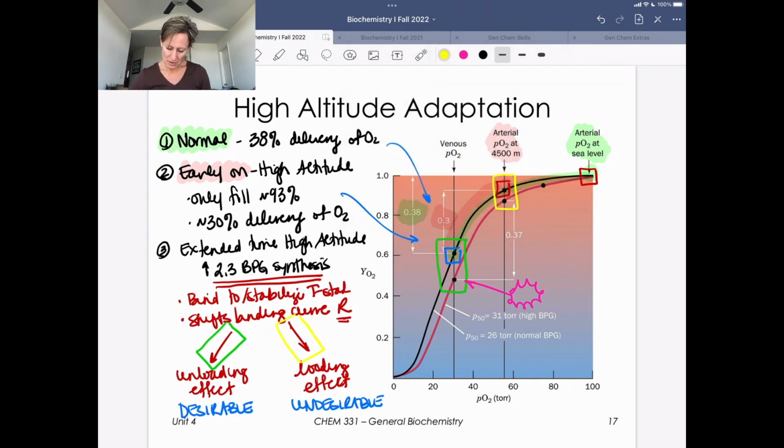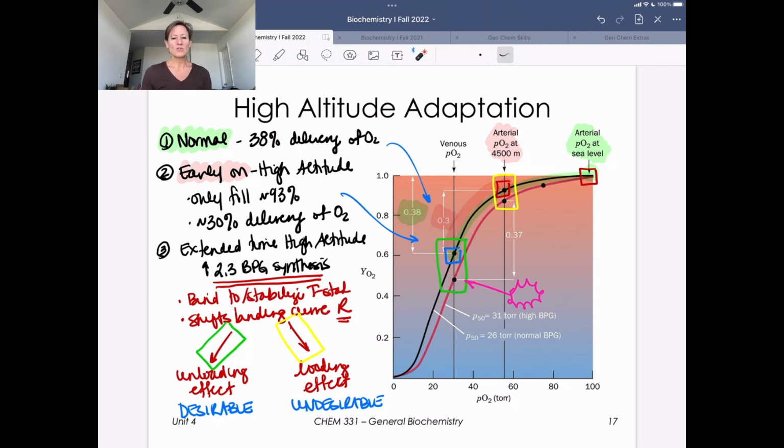That's what we're going to show here in our yellow. So what we actually have here is an inability to fully load as much as we even would under high altitude conditions under normal, because we've got more 2,3-BPG. So we have a depression in our loading, but we also have a better unloading.